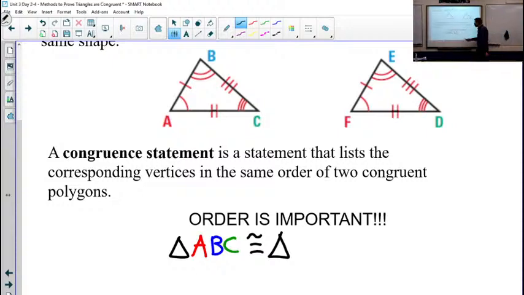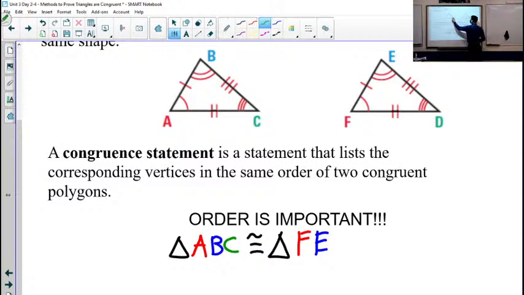So I want A here to match up with F over here, since those points match up. And then I want B on the top here. B matches up with E over here.